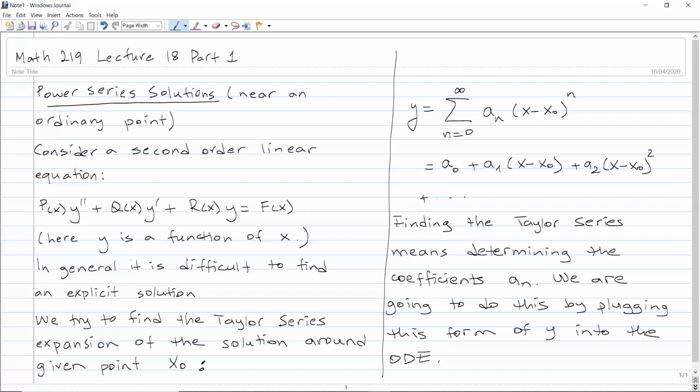So given the differential equation, we consider y and the point x0, of course, and we consider our solution y in the Taylor series form, like this, and we plug this into the differential equation. We know that we can differentiate a power series term by term, so we can find the first derivative, second derivative, and substitute into our equation to determine the coefficients. But first, we need to make some definitions.